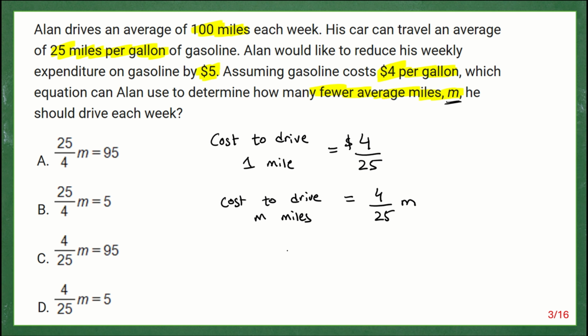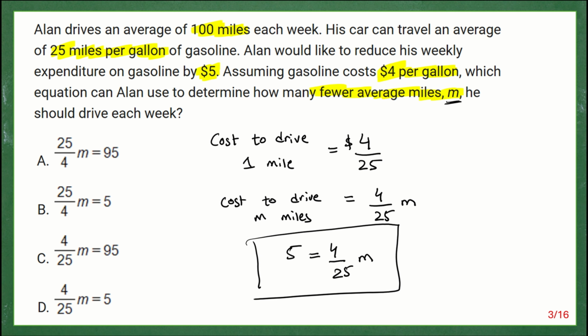So we have a cost of $5, and the expression becomes this, where m is the number of fewer miles that will lower the cost by $5. So let's see which option we have here. Option D is the right answer for this problem.